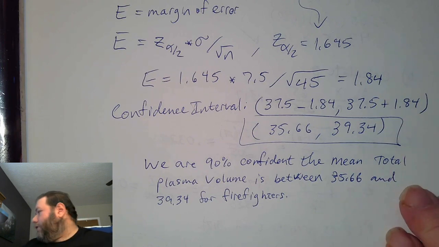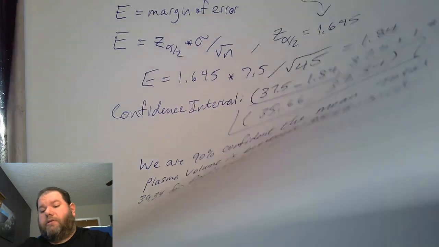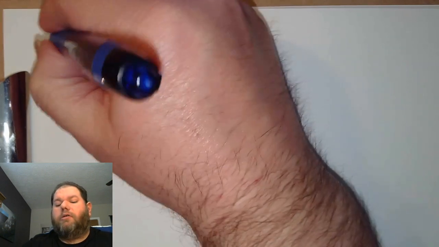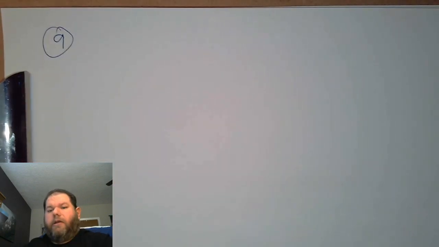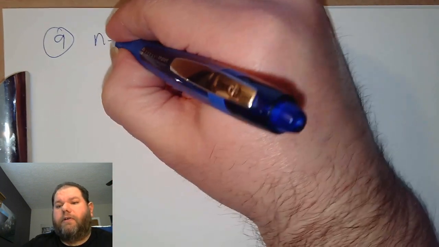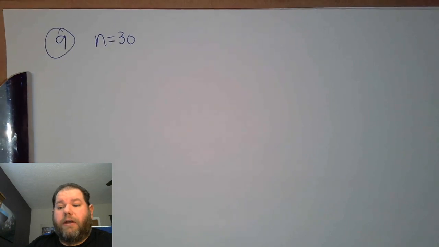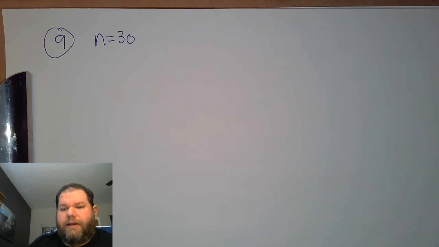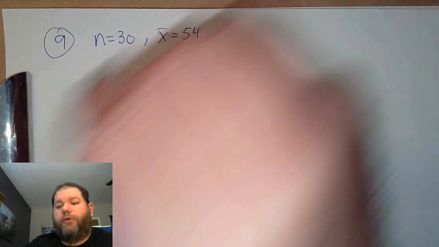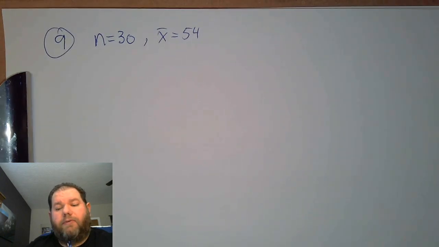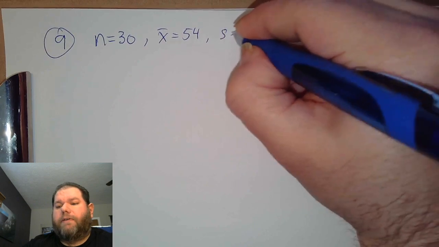Okay, and then number 9, all the way to the last one. In a random sample of 30 felons convicted of aggravated assault, the sample mean of length of sentencing was found to be 54 months, with a sample standard deviation, so notice it says sample standard deviation, of 8 months.